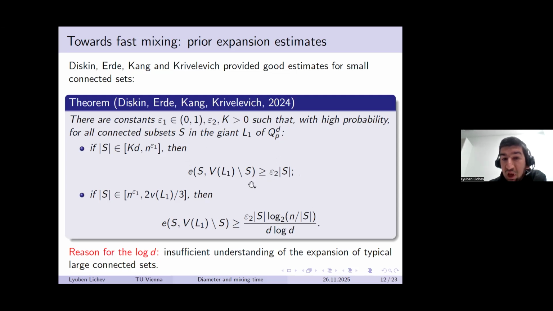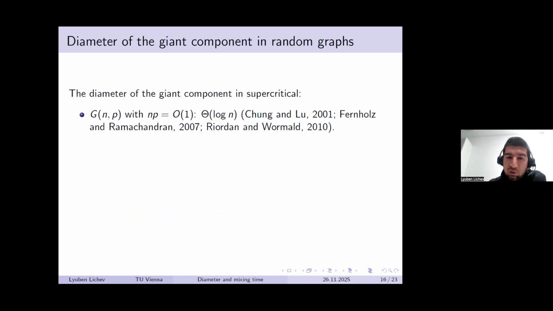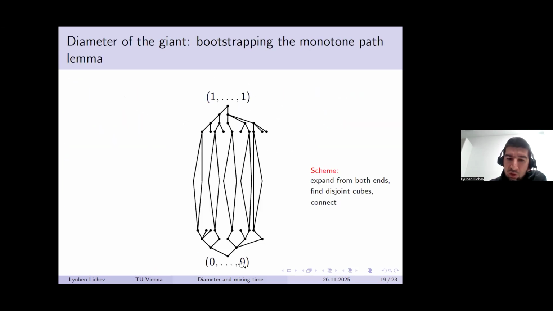Okay, so if they expand with a constant factor and we look at a sufficiently large neighborhood, so we iterate this observation many times, then in such sets of size large constant times d, we're going to find at least one vertex which expands really well. So at least one vertex which looks like the 0, 0 on the picture or the 1, 1 on the picture.